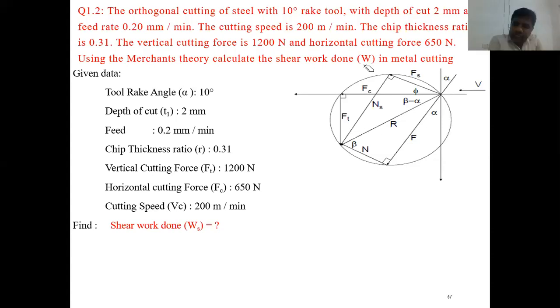Work done is nothing but force into distance, right? If some force is applied on a body and moves the body a particular distance, then we can say some work is happening on that object. The force we applied is F, and it moves some distance D. Fd is equal to work done, right? If you take distance in unit time, d by t is nothing but velocity, right?